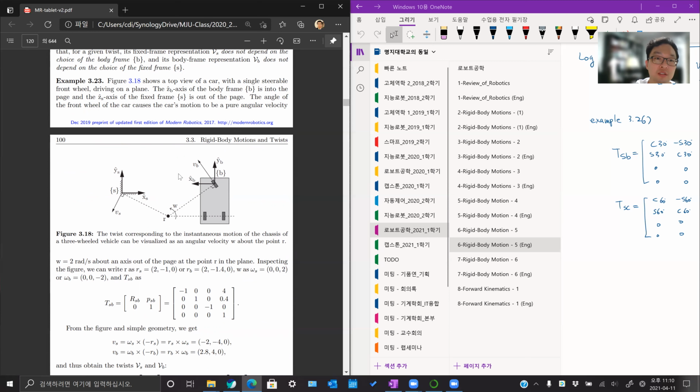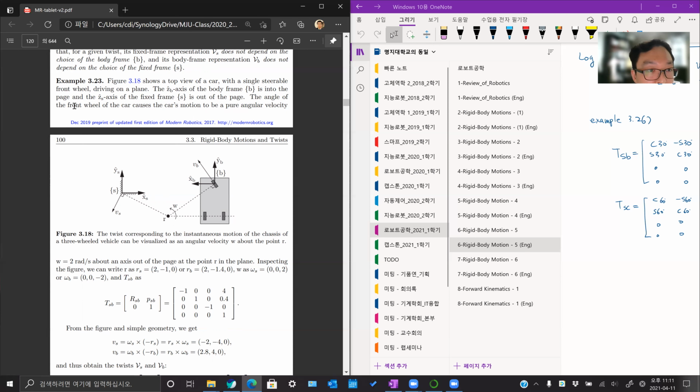So this one is X, this one is Y. Using right hand like this, then it go into the screen, and there is Z axis and Z_S axis of the fixed frame is out of the page.